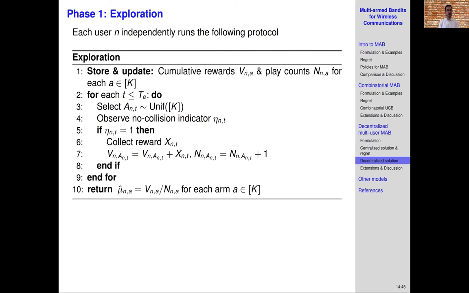If there is no collision, the user collects the Bernoulli reward and uses it to update the cumulative reward and play count of the selected arm. If there's a collision, no update is done. At the end of the exploration phase, user returns for each arm the sample mean reward. The sample mean rewards are the estimated expected rewards from the arms of that user.